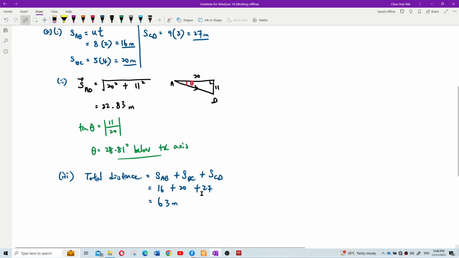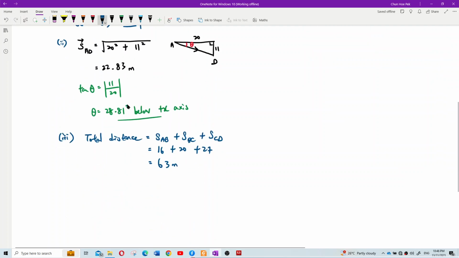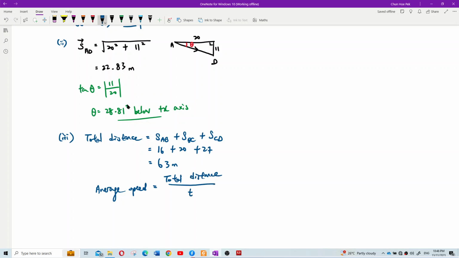meters. So the total distance is 63 meters. Average speed is total distance over total time taken. So it's 63 meters divided by how much time taken?